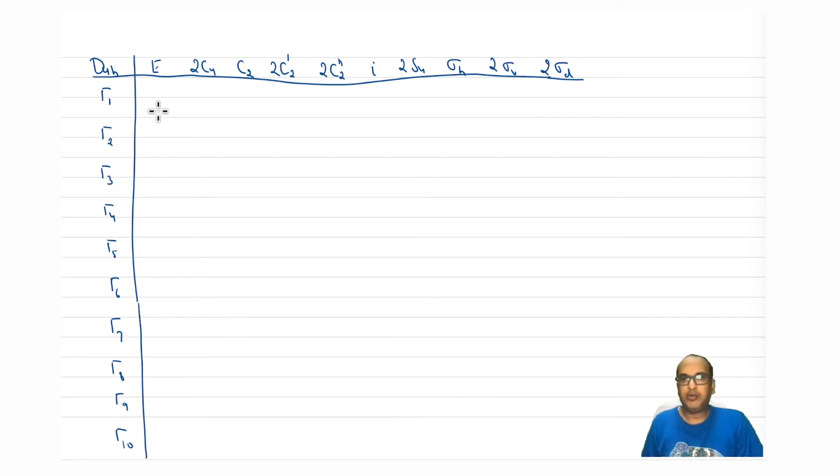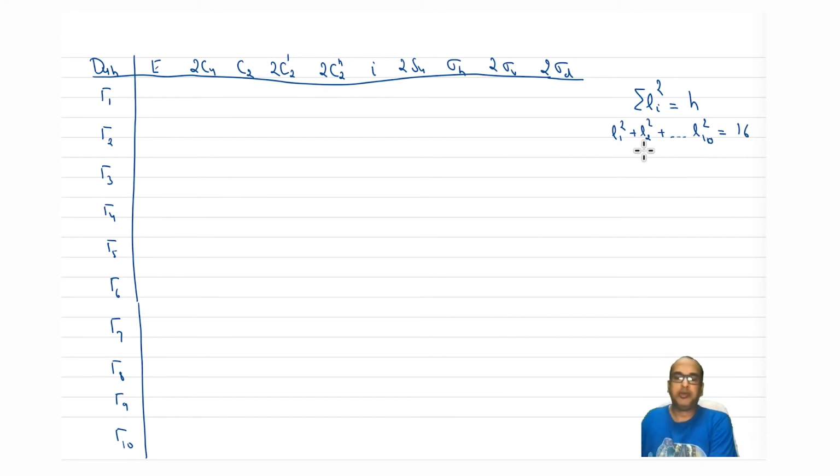Okay, now the first rule, which says that the summation of li square is equal to h, right? So that tells you that l1 square plus l2 square plus up to l10 square should be equal to 16, right?